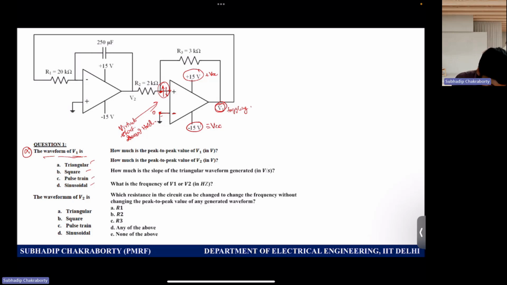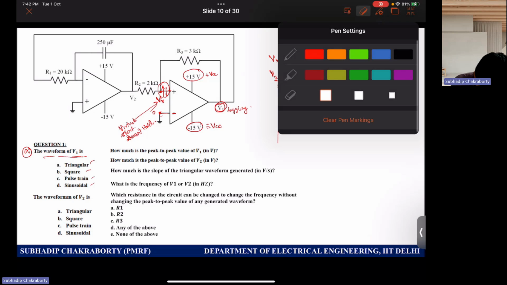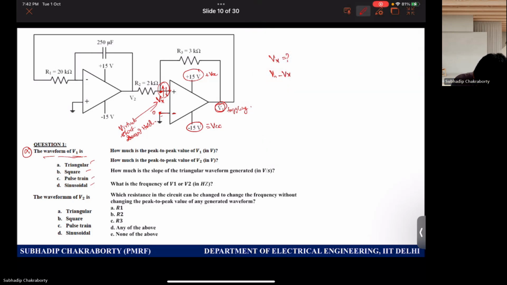So if you want to determine this voltage Vx, what can you say? (V2 minus Vx) by R2. This current should be equal to this current, which is nothing but (Vx minus V1) by R3. And hence we get V2 by R2 minus Vx by R2 equal to minus V1 by R3 plus Vx by R3.